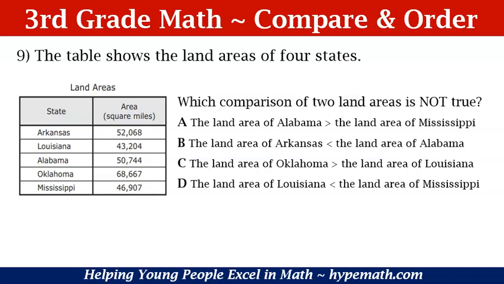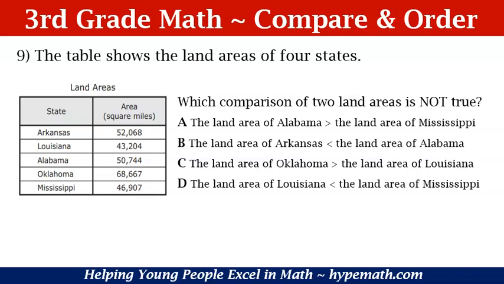So let's look at our land areas, our states, and also the area in square miles. For Arkansas, it is 52,068 square miles. For Louisiana, it's 43,204 square miles. For Alabama, it is 50,744 square miles. For Oklahoma, the area is 68,667 square miles.